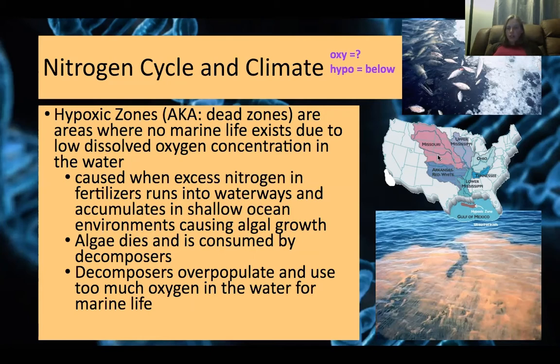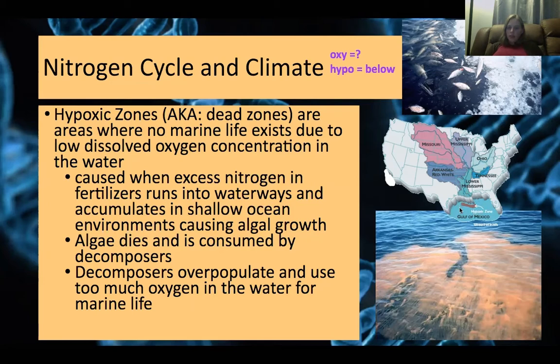However, these fertilizers are being overused, and when fertilizers are overused, they wash away into water bodies. So we see this a lot in the middle of America, where a lot of our corn is grown. So all of these fertilizers washing down the Mississippi River eventually find their way into the Gulf of Mexico.